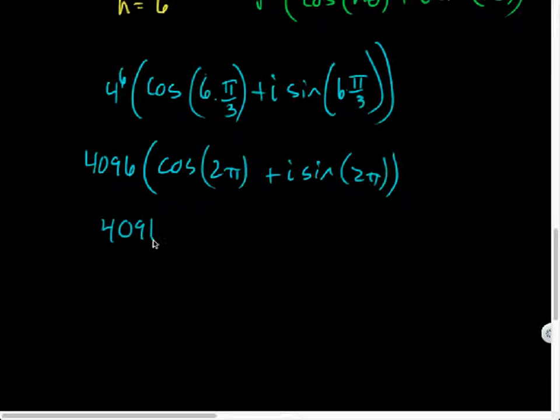Is it a negative one? 2 pi is... One. Oh, okay. Okay. Going down. Well, and sine of 2 pi is 0. Nope, I just wrote theta instead of 0. But also, this i needs a little tail on it. There it is. And i times 0 is 0, so this is just 4096.